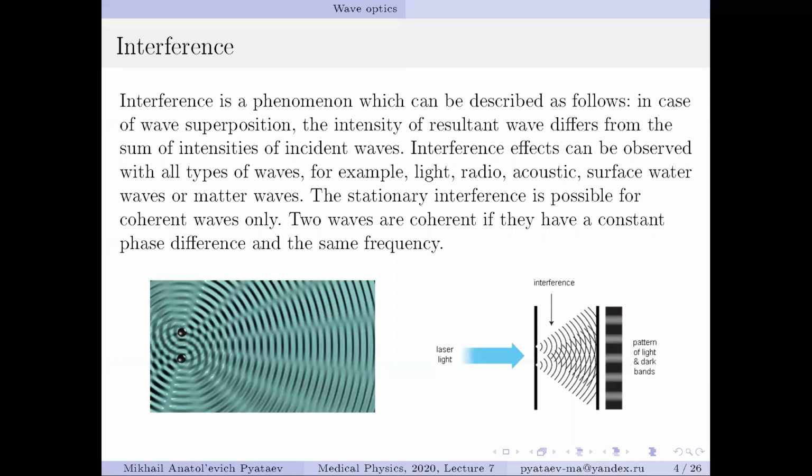In the case of electromagnetic radiation, it is vectors of electric field and magnetic field which are added, and the intensity is proportional to the square of this vector.